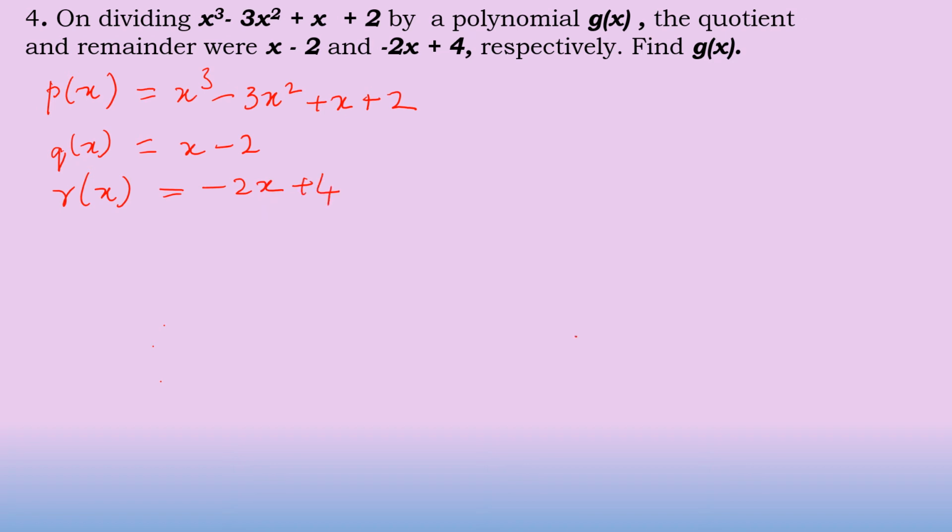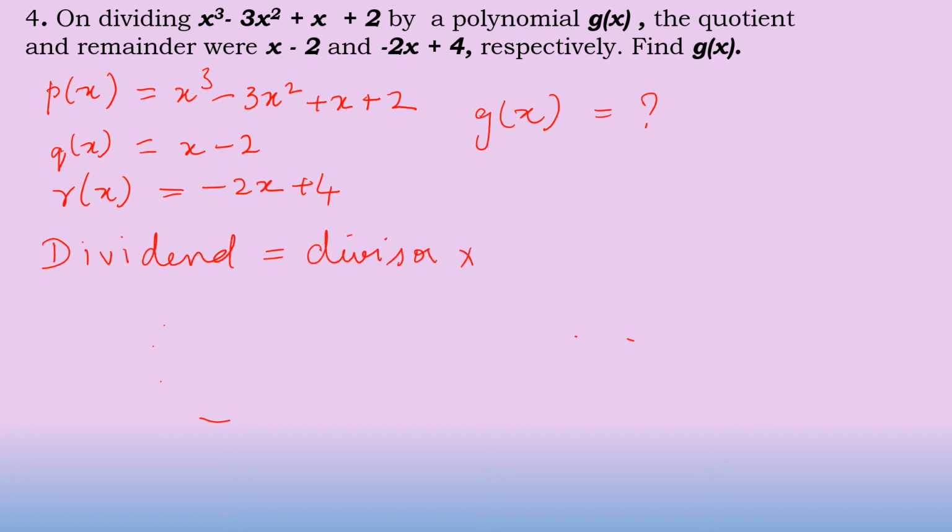We need to find g of x is equal to question mark. This is what we need to find. We need to find the divisor. We have the formula: dividend is equal to divisor into quotient plus remainder.